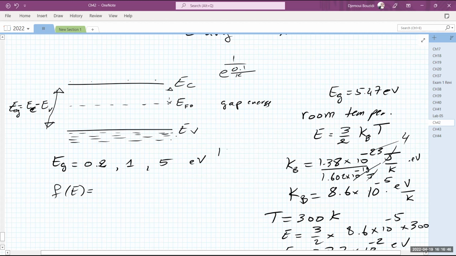I'm going to take it at different temperatures, between 300 and 310, and see exactly what's going on in here. So if we do that, this number is just 8.6 times 10 to the negative 5 times 300, plus 1. So for the first case, if I do the calculation, basically how much possibility I have for an electron that jumps into the Fermi energy level, and from there to the whole gap.